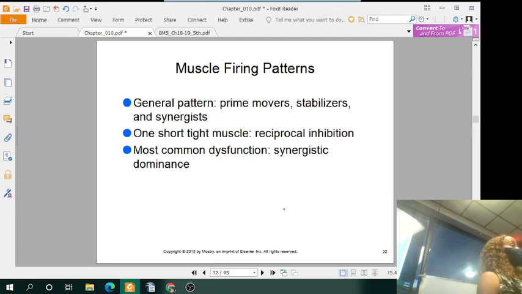Have you seen any dysfunction? Lack of hip extension, okay. What is the most common dysfunction that you see in people?